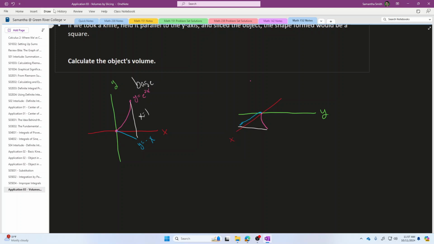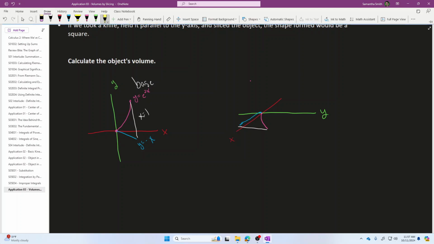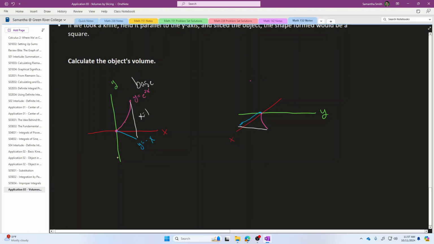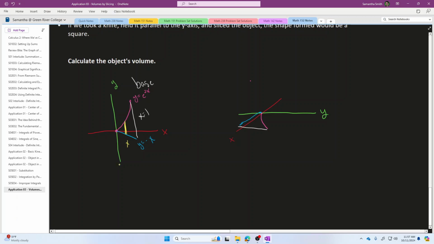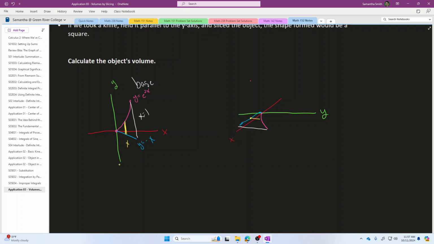And so if I take a slice out of this object at a random x value, slice taken, for example, right here, I'll mark it in gold, x, then that slice will show up on the picture here. And what they're saying is sitting above that location is a square. So here we go, shaded in yellow is one of these cross sections. In yellow, I have the square cross section that I get from cutting this object.